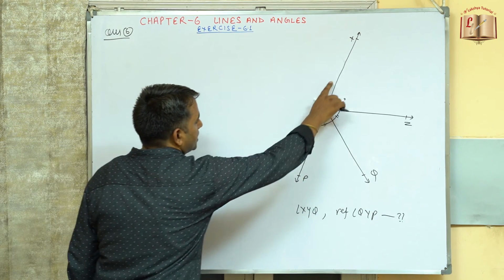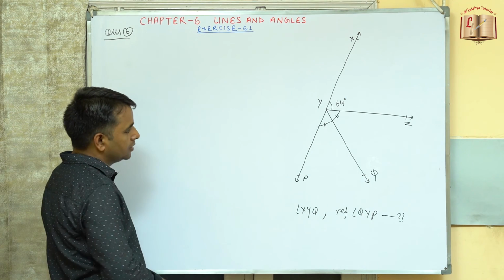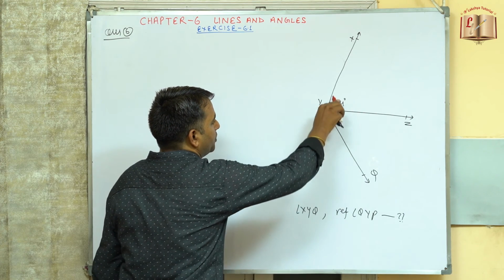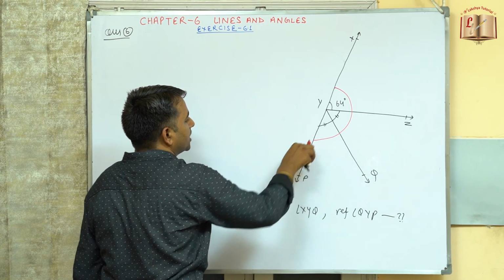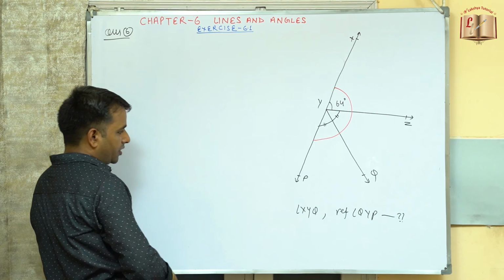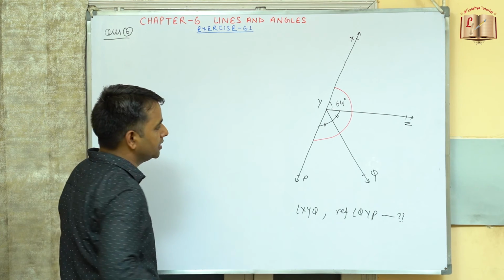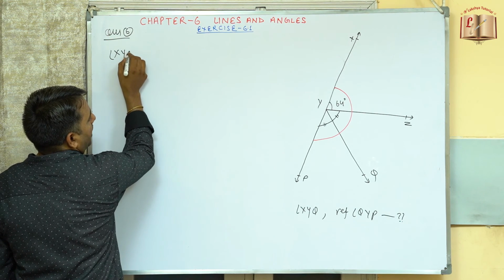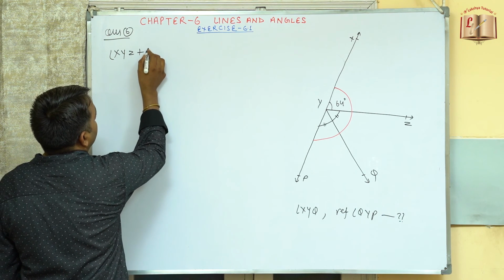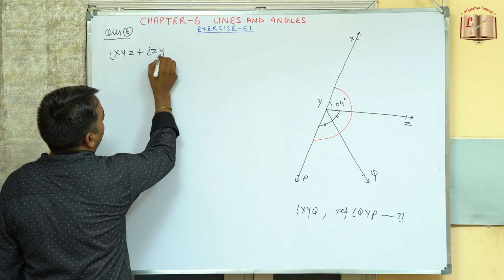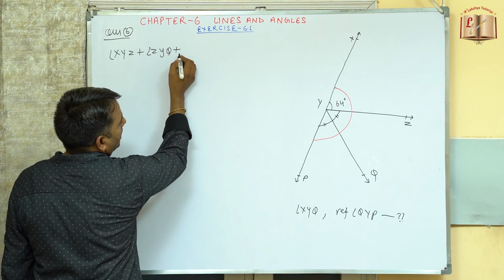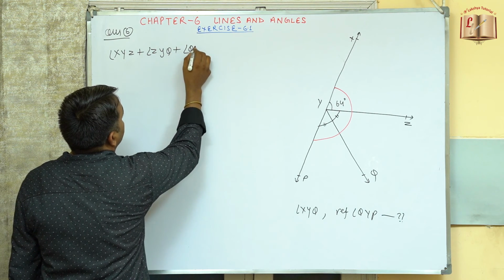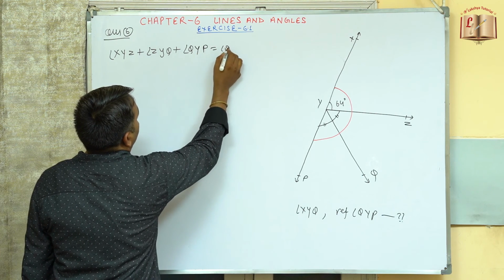Now see that XYP is a straight line. For a straight line we know linear pair. So I can write angle XYZ plus angle ZYQ plus angle QYP is equal to 180 degrees.